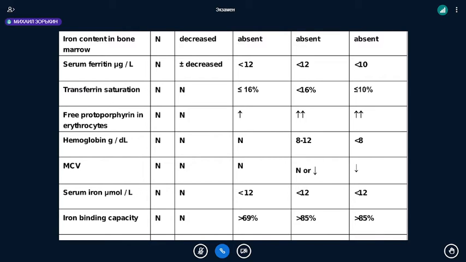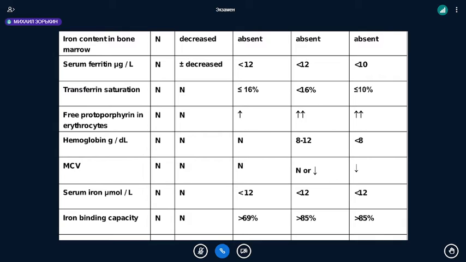So this is the process when the storage of the iron can be successfully used to compensate starting anemia. And so, of course, the prelatent stage is not associated with any problem.